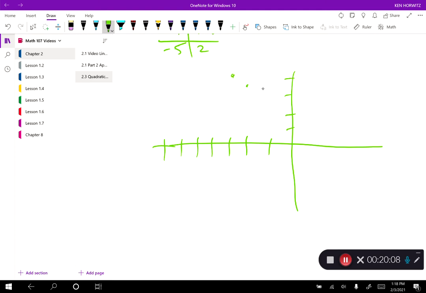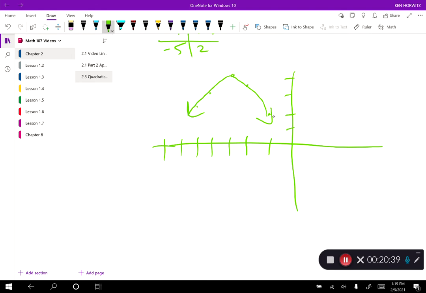Negative 2, 3.5. Negative 1, 2. Negative 4, 3.5. Negative 5, 2. So I go up and down. Not my best work, but it's still mathematically accurate. As long as I have the work to support my data, this would yield me points.